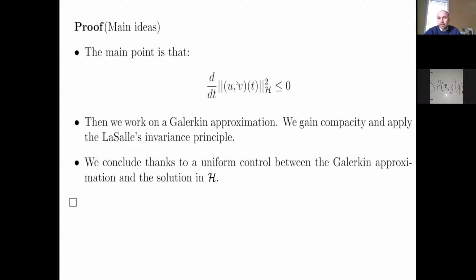Just take this quantity and take the derivative with respect to t, just formally, as you can do if everything is very regular, and you will prove that this is negative. So I let you 5 minutes.